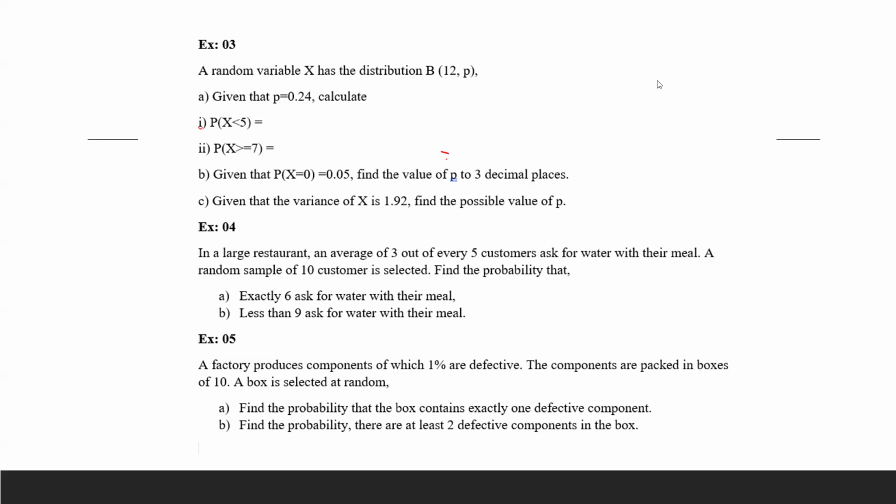Others, what is the answer? Are you here?